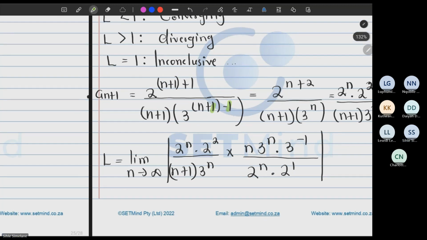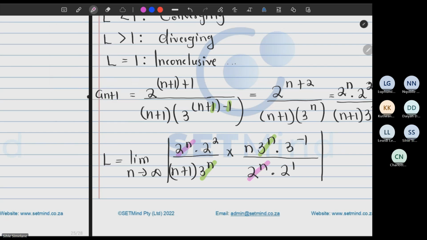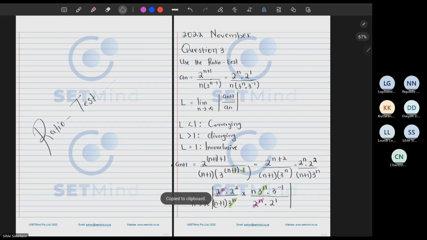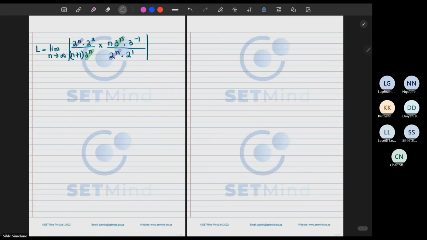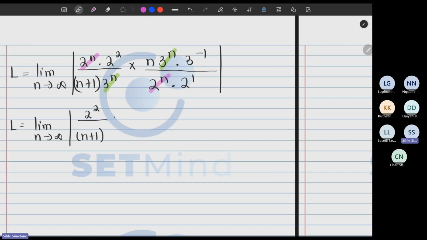So L will be the limit as n approaches infinity of 2 squared, divided by n plus 1, multiplied by n times 3 to the minus 1, divided by 2 to the 1.